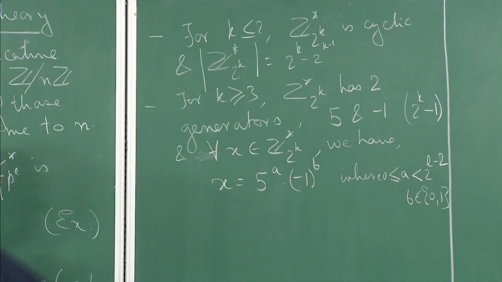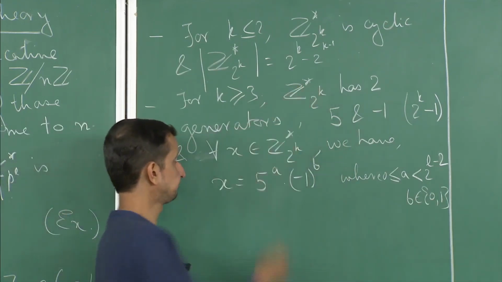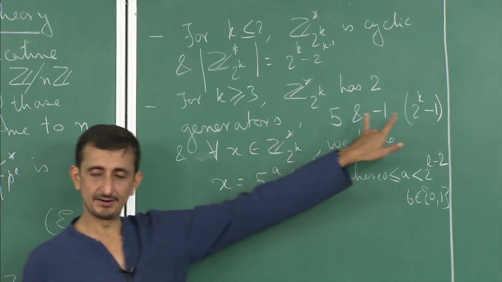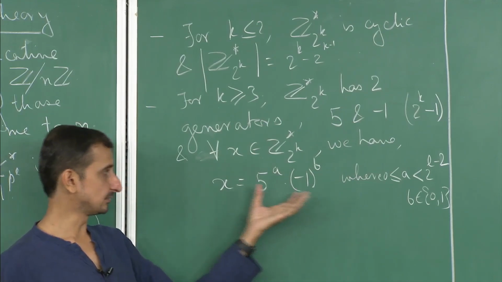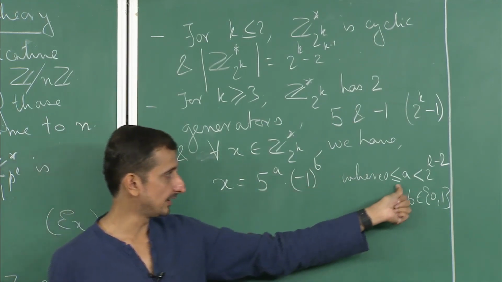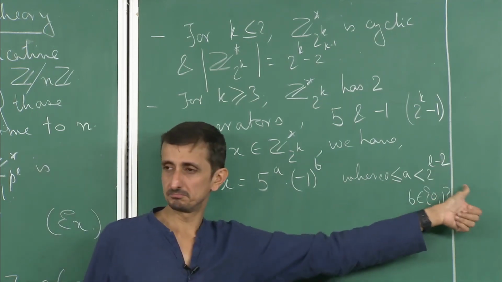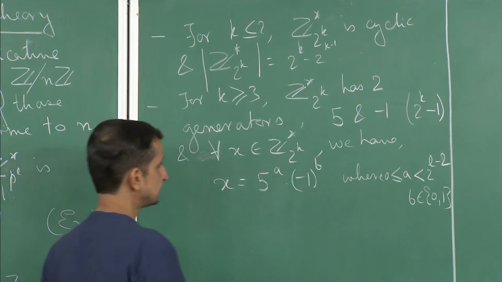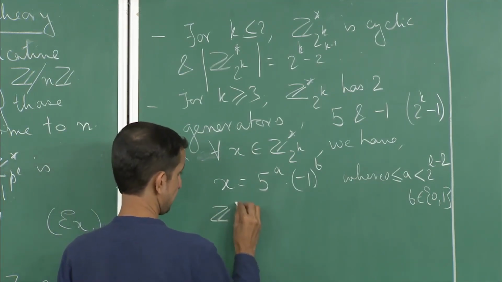So essentially what we are saying is that for k greater than or equal to 3, this group has two generators, 5 and minus 1, and every element can be written in terms of 5 and minus 1 as 5 to the power a times minus 1 to the power b, where a is between 0 and 2 to the power k minus 2 minus 1, and b is 0 or 1. Now you can see what the size of this group is.